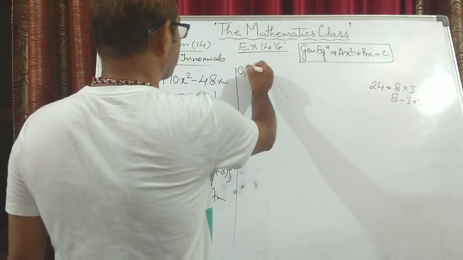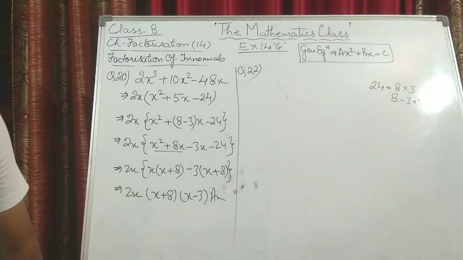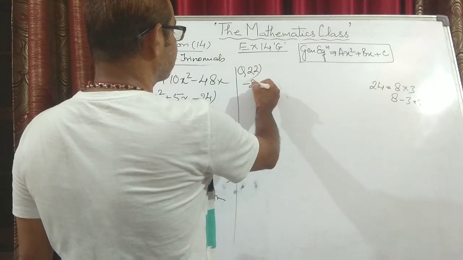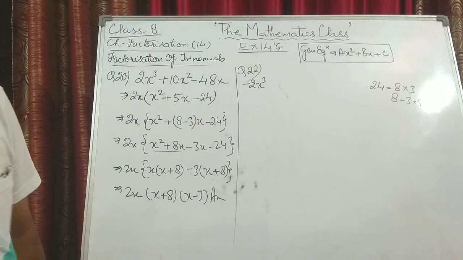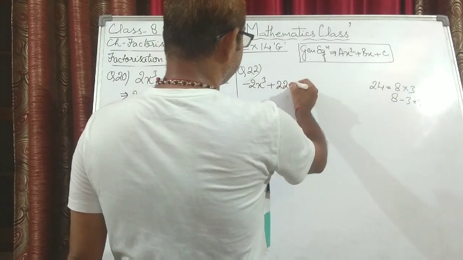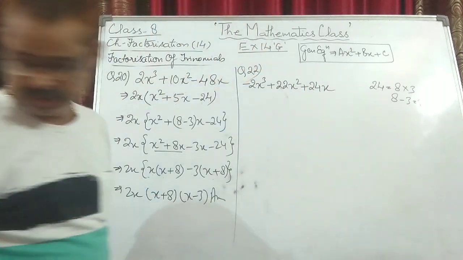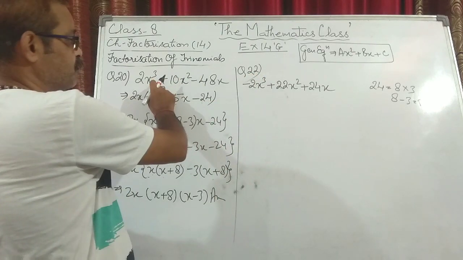Now we move on to question number 22. Question number 22 is minus 2x cube plus 22x square plus 24x. Now this question and the previous question, both of them are same.